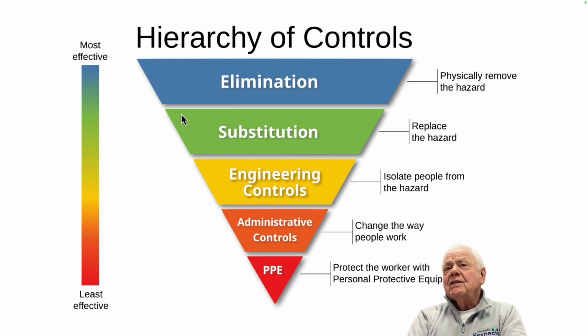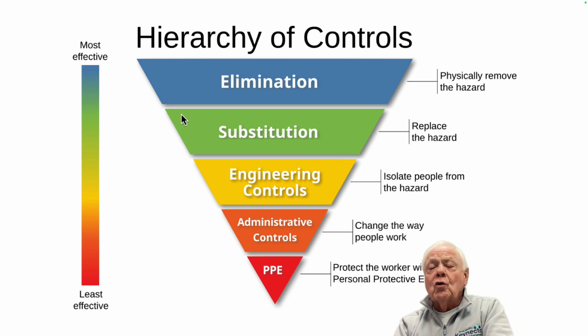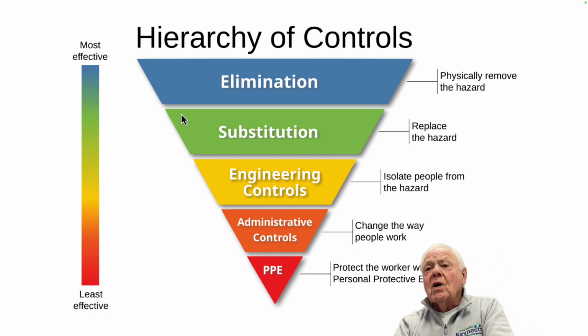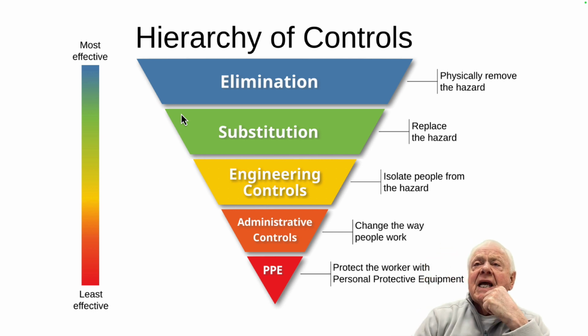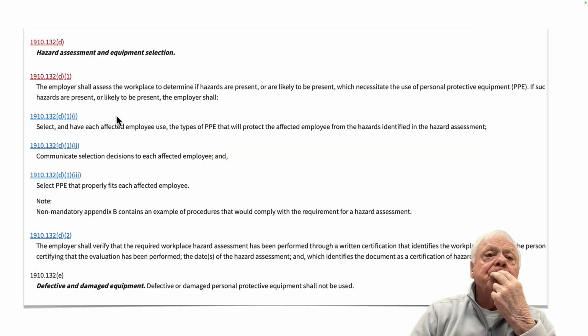The first thing that you should try to do is to eliminate the hazard or replace it. Use engineering controls, maybe like ventilation, administrative controls, moving people around, change the way people work. But only as a last resort can you use PPE.